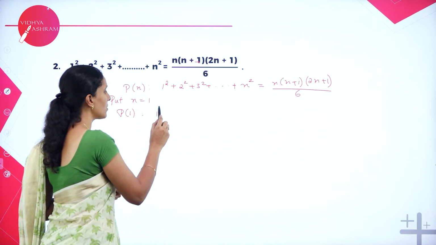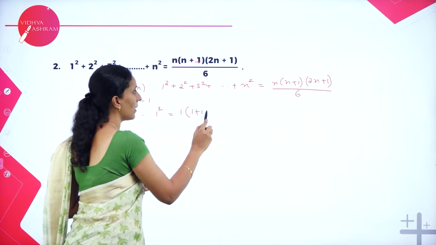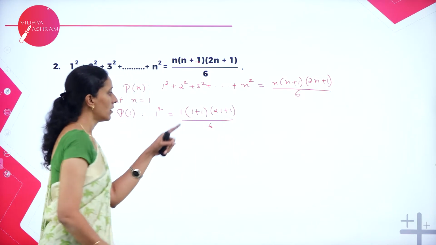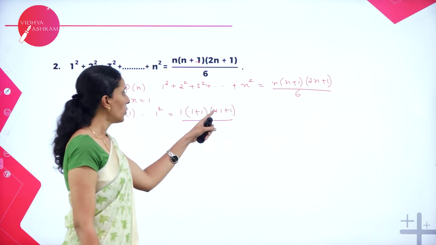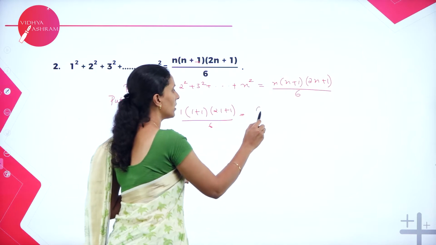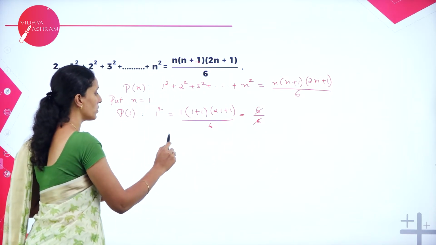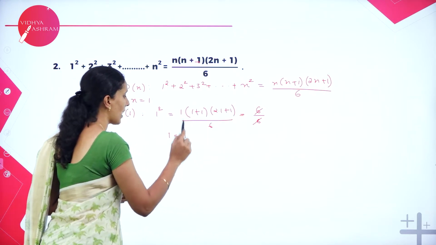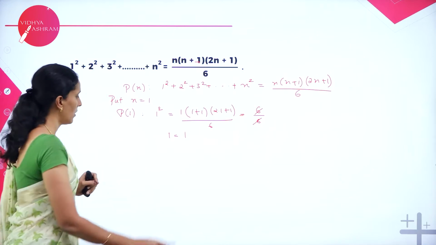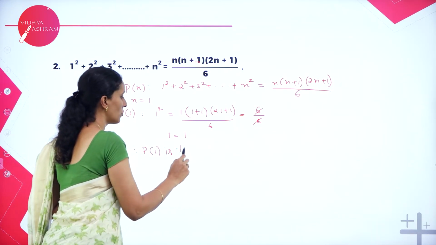So here it is only 1 square. On the right hand side it is 1 into 1 plus 1, 2 into 1 plus 1 divided by 6. 1 plus 1 is 2, 2 into 1 is 2, 2 plus 1 is 3, 2 3s are 6. So on this side it becomes 6 by 6. Here it is 1 square, which means 1. So 6 by 6 cancels, it is 1. So therefore we are getting 1 is equal to 1. So P of 1 is true.